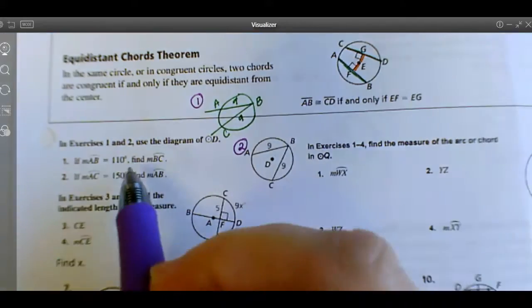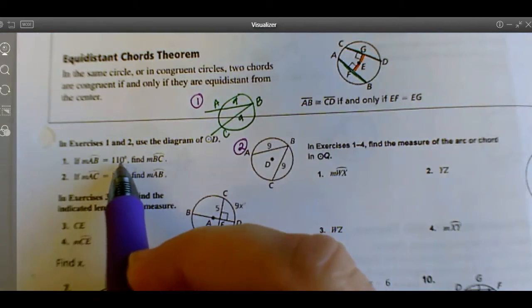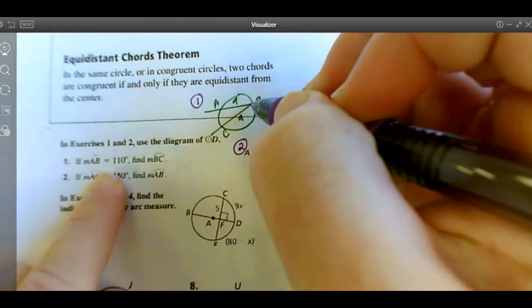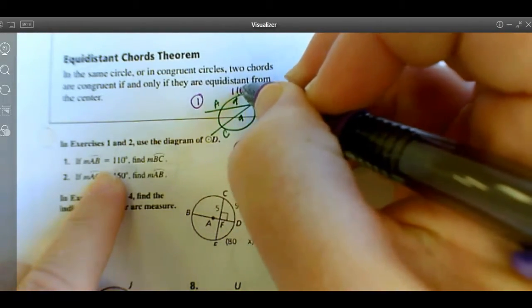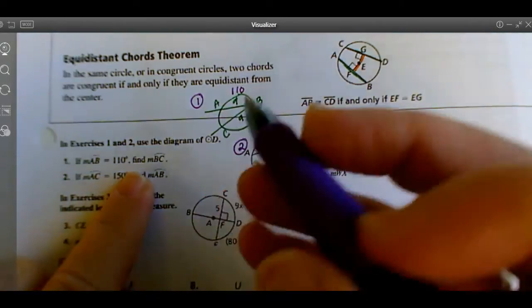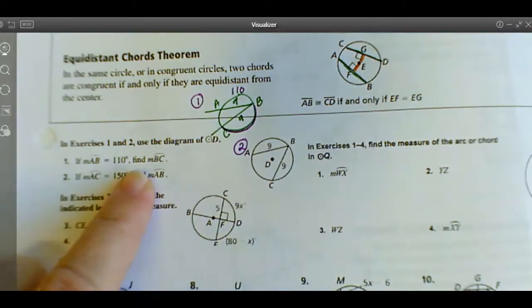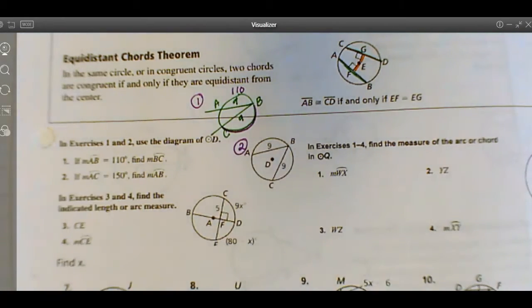Okay? So it tells me that the measure of arc AB is 110. So I know that this right here is 110. It says for me to find the measure of BC. So it wants me to find the measure of this arc. Okay? Well, here's what I notice. I see that the two chords are the same. You see those two chords? They both have 9 on them.